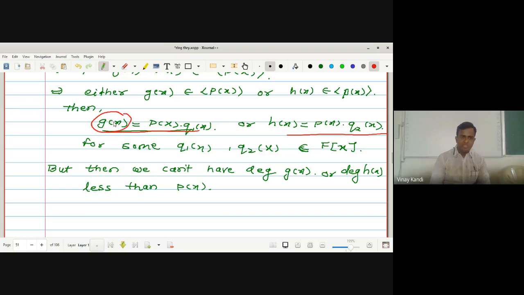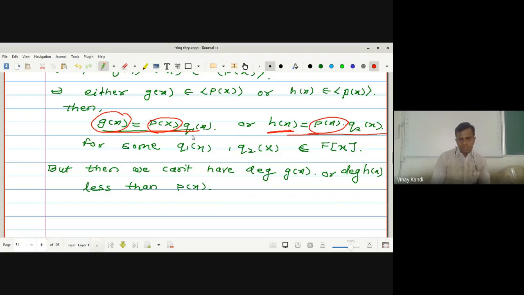Degree of g of x is greater than or equal to degree of p of x, and degree of h of x is greater than or equal to degree of p of x.